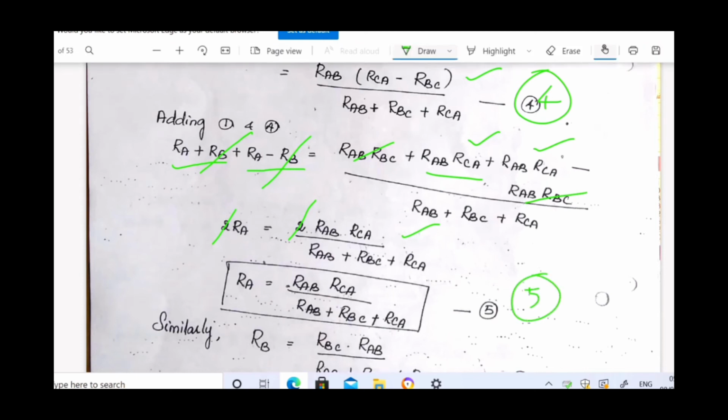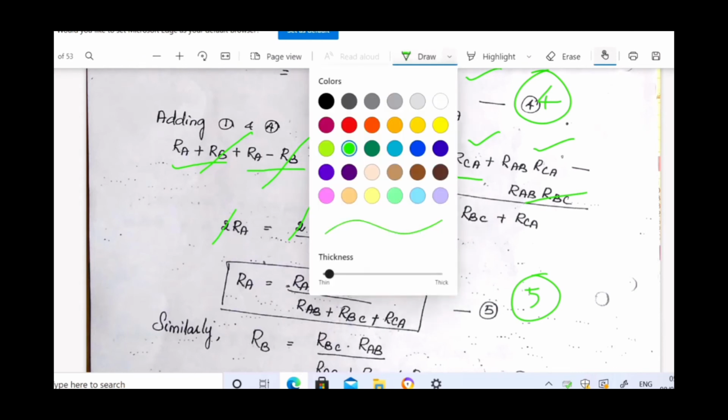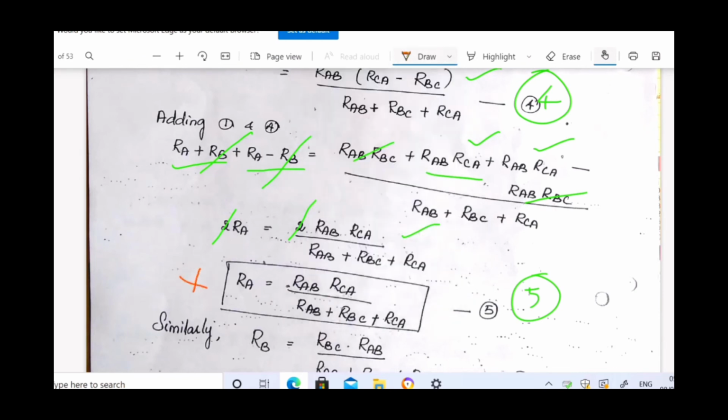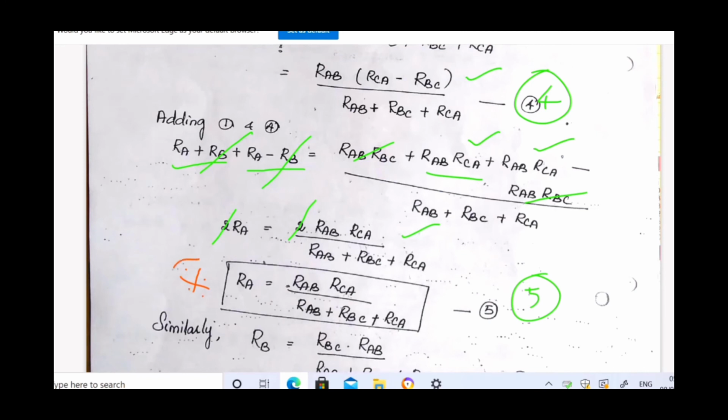See here students, this is the way we derive the expression. For your problem solutions, you need only this expression. In order to transform delta to star, RA equals the multiplication of RAB into RCA divided by the total arm resistance.